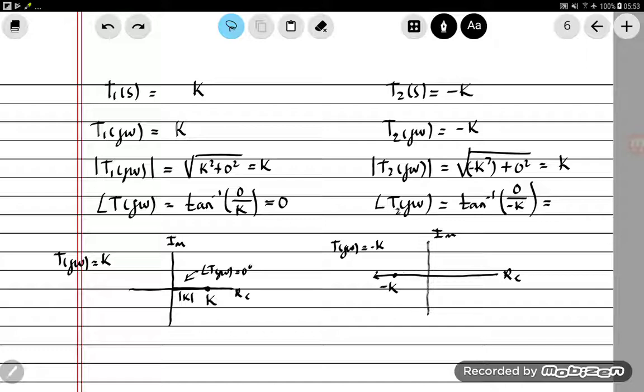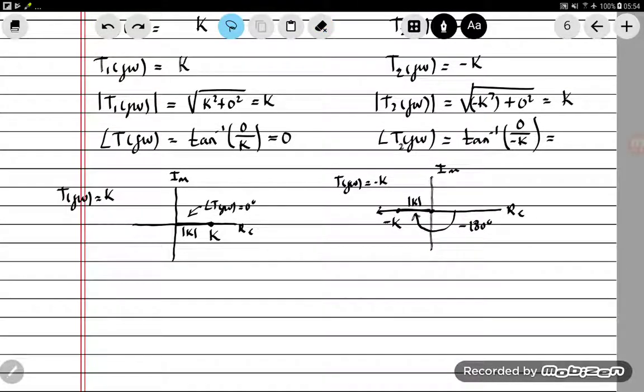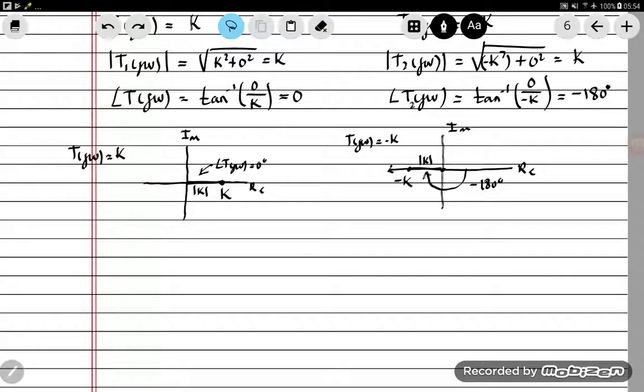Again, the magnitude is the distance from the origin, so the magnitude is just K. And the phase angle is the angle between this line and the real line, which is negative 180 degrees. You can also use 180 degrees, but it's a convention to use negative 180.